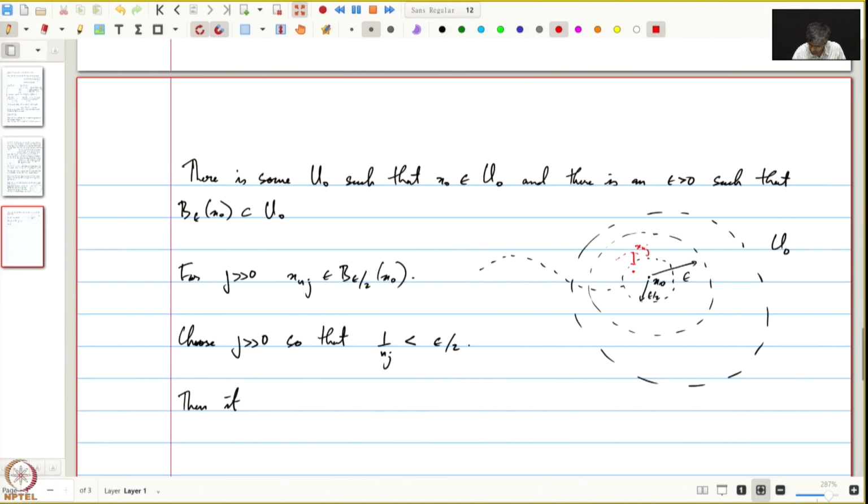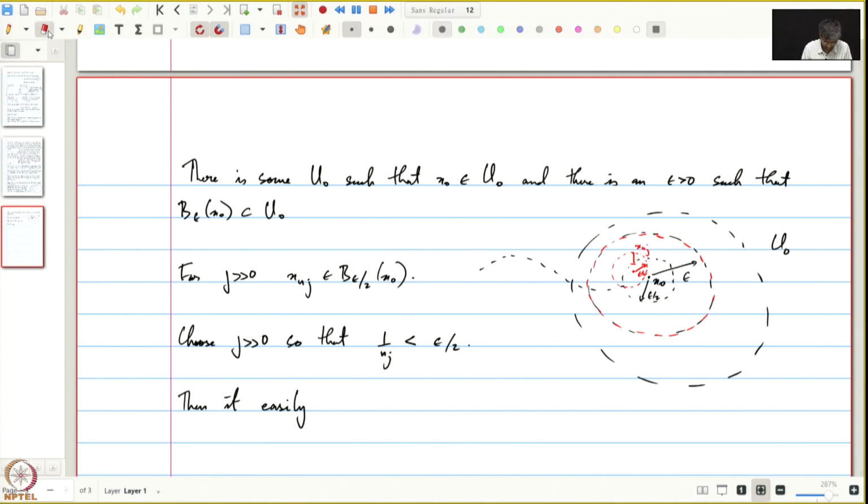So if I take a ball of radius epsilon by 2 around x n j, then this ball is also going to be completely contained inside the epsilon ball around x naught, right? So then it is easily checked.